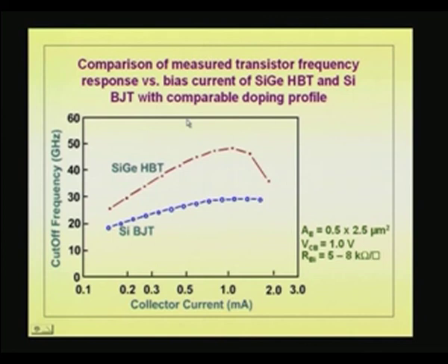Then cutoff frequencies: once you get larger current for a smaller voltage, the charging times are all smaller, and you get much higher cutoff frequencies. For this particular device, which was reported quite some years back, the cutoff frequency depends upon the collector current, because that gives better charging capability for the emitter base junction.